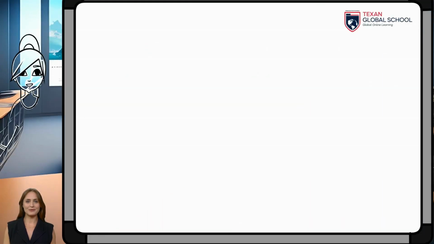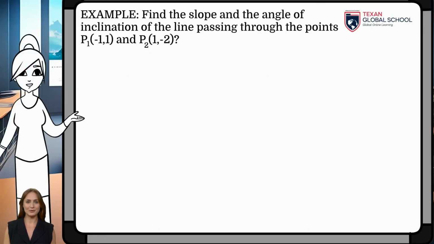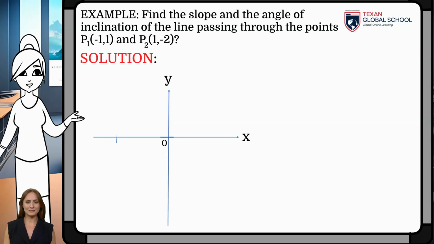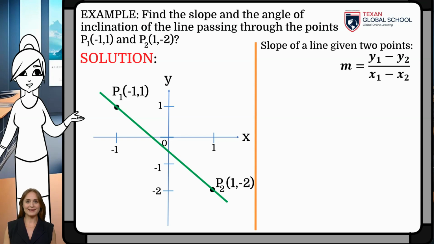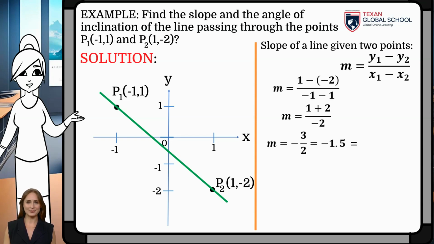In this last example, find the slope and the angle of inclination of a line that passes through the points (-1, 1) and (1, -2). First, graph the line on the plane. Now, calculate the slope by substituting y1 equals 1 and y2 equals -2, x1 equals -1, x2 equals 1.